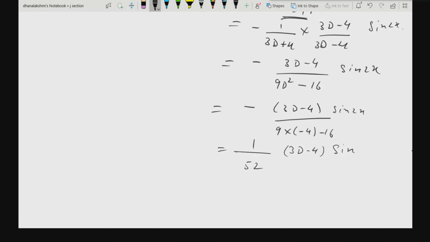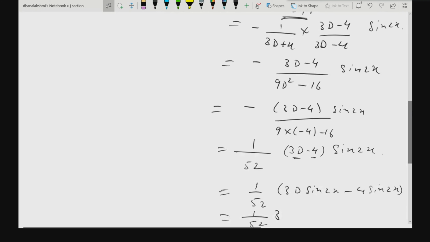Now you have sine 2x here. Still the operator is not done, we are in the operator form itself. So 1 by 52. Now due to linearity property, this will be 3D sine 2x minus 4 sine 2x. Now D in the numerator means what? When D is applied on some function, what does this mean?